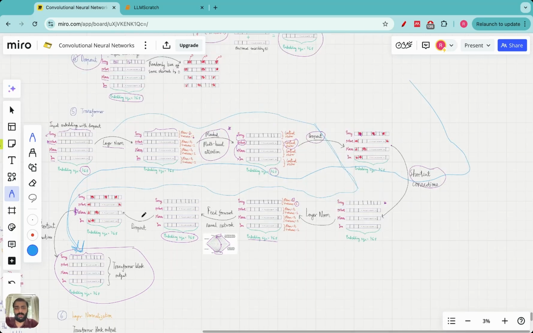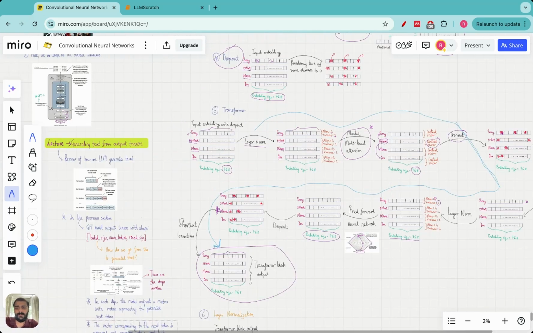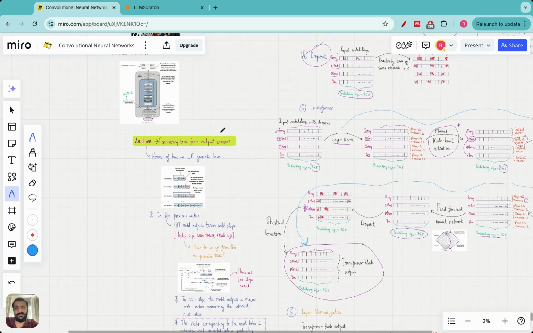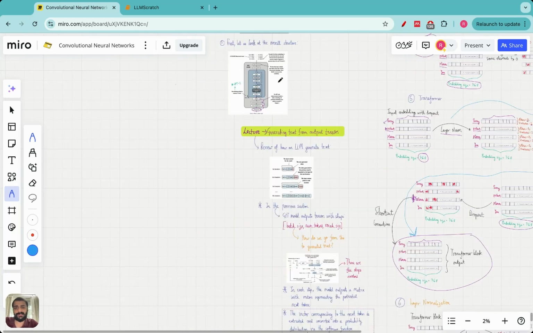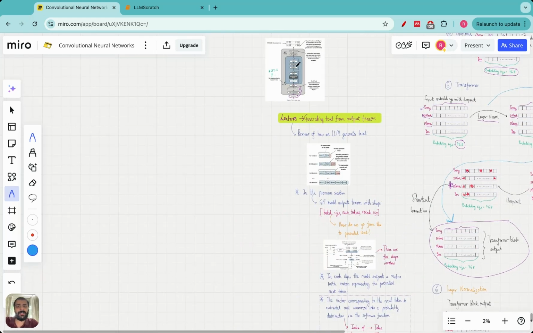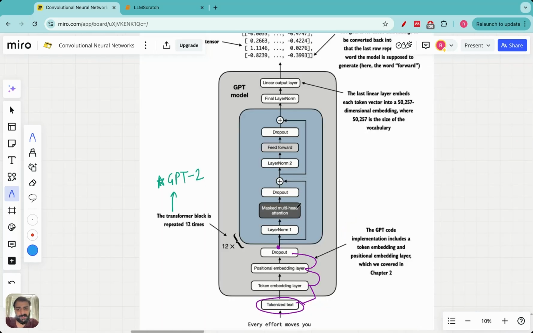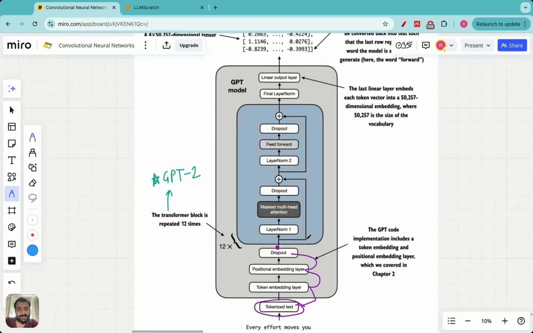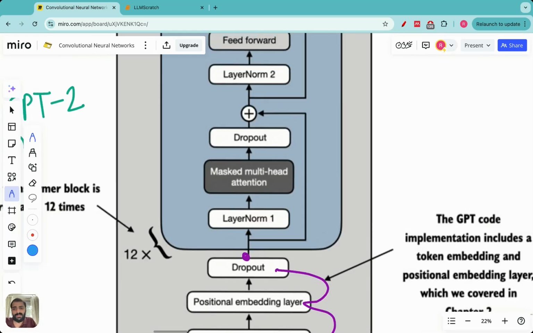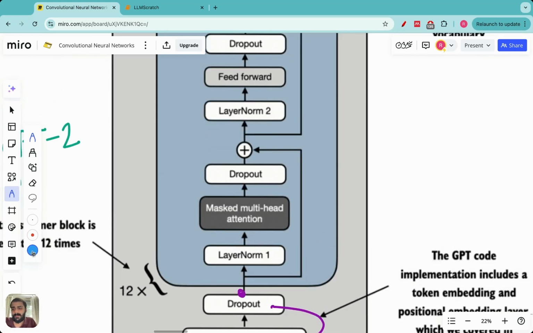Now let us actually go to the visual diagram again to see whether we indeed have implemented all the steps which were mentioned in the transformer block. So I'm zooming in over here right now, and if you see, there are actually 1, 2, 3, 4, 5, 6, 7, 8 different steps, right?